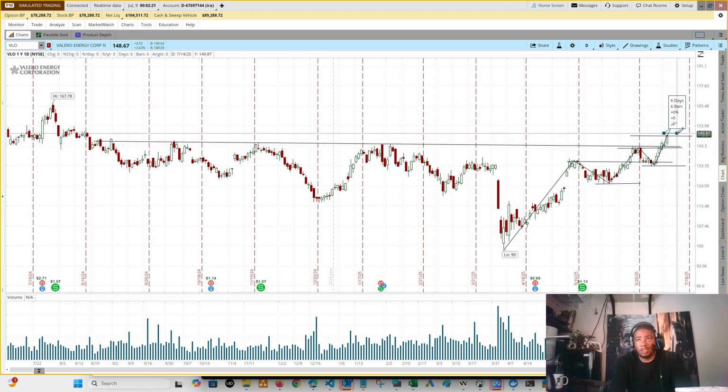If I'm going to enter this trade, I'm going to enter right there. Oh, that is awesome. That is a good trade. This would be the best time to buy this stock.